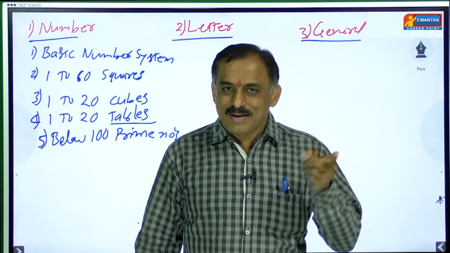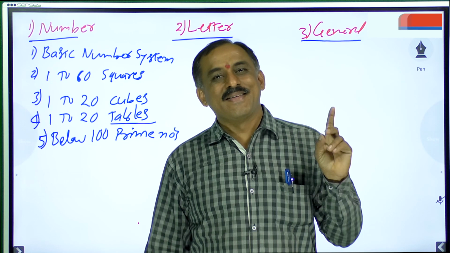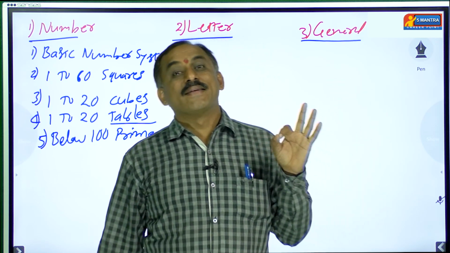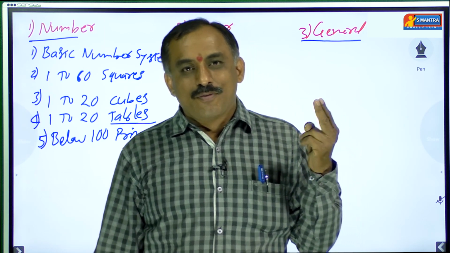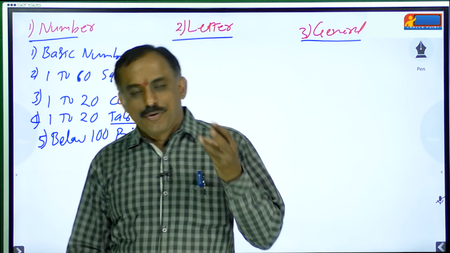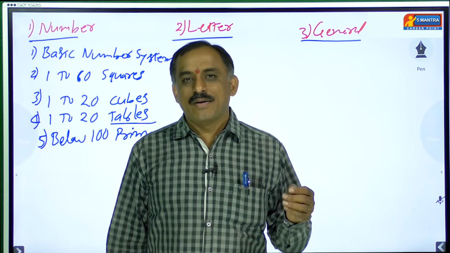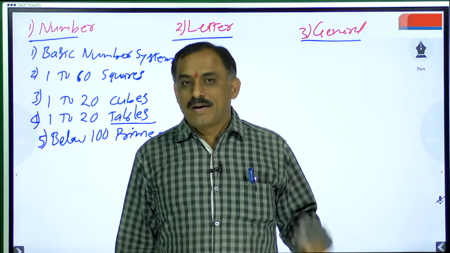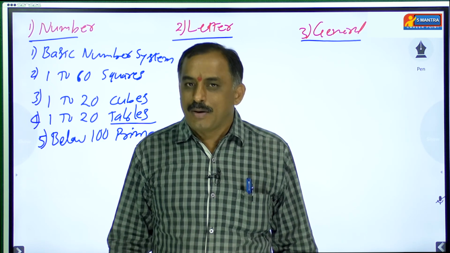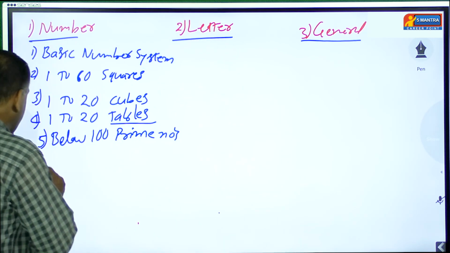What is the first prime number? 1? No, 1 is not a prime number. 1 is neither prime nor composite number. The first prime number is 2. Next 3, 5, 7, 11, 13, 17. These all are prime numbers. Below 100 prime numbers are important.